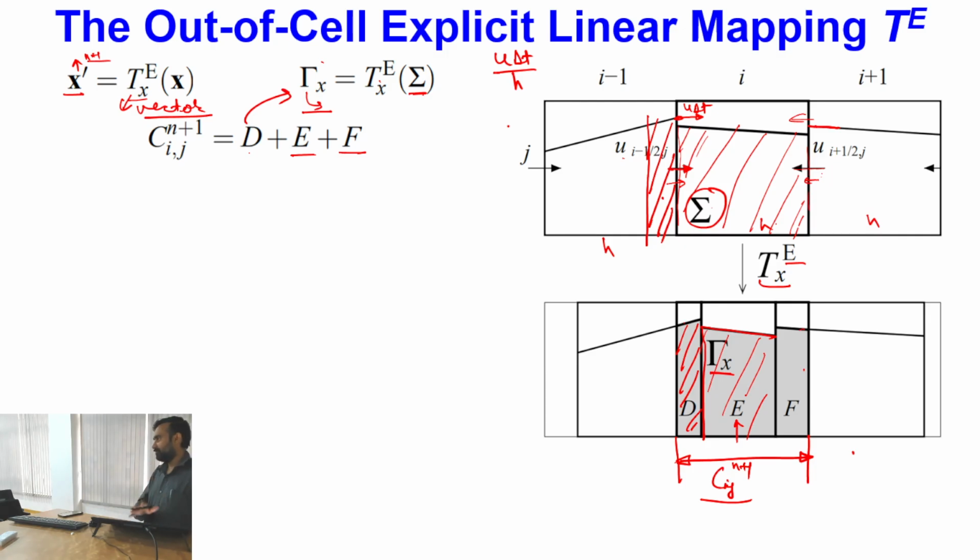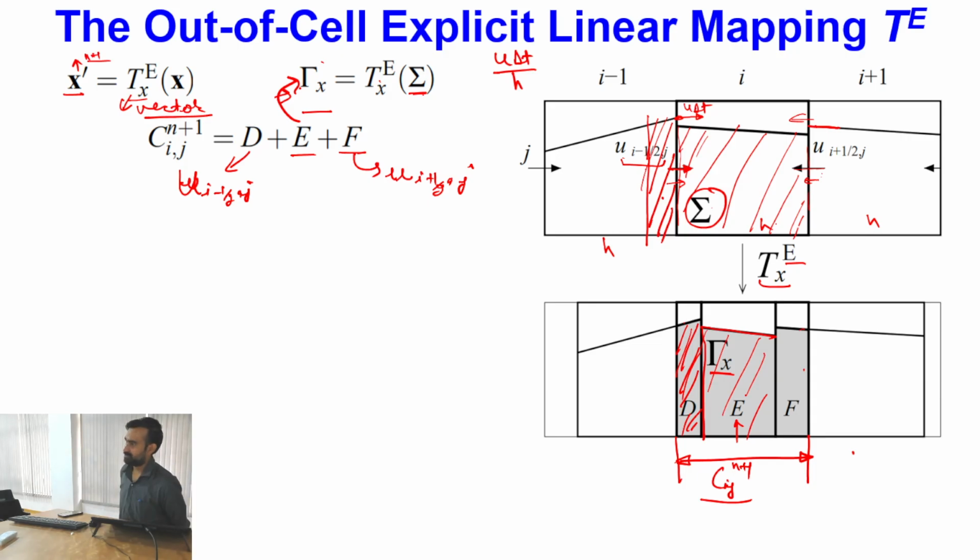D you can simply obtain from this transformation, and non-dimensional velocity field ui minus 1 by 2 comma j will be simply giving you this area D, and F area you will be getting from ui plus 1 by 2 comma j. Okay, so D is u I minus 1 by 2 comma j, F is u I plus 1 by 2 comma j, and E is nothing but gamma x, which can be simply obtained from the transformation. All are agreeing to this point or not?